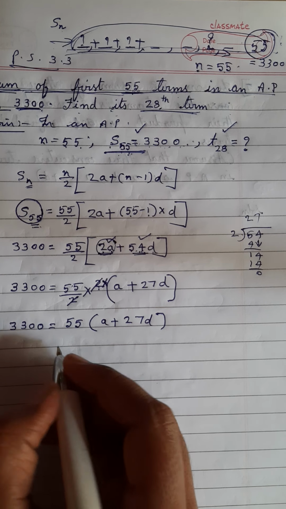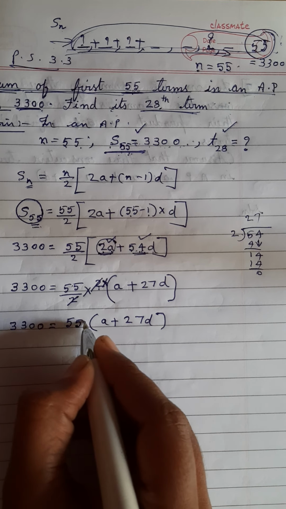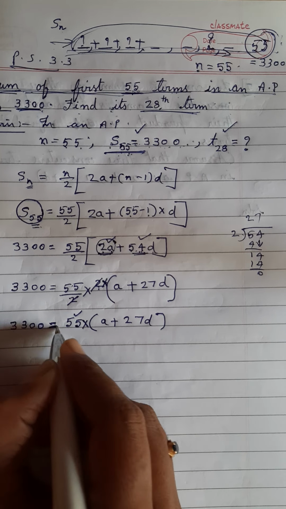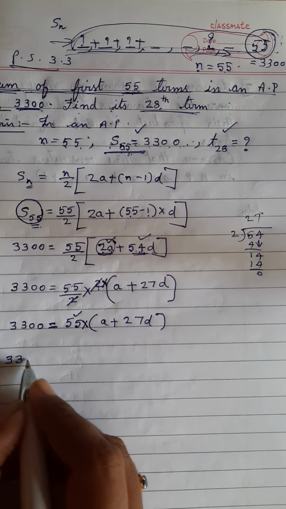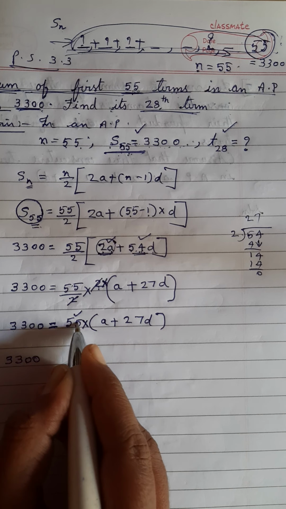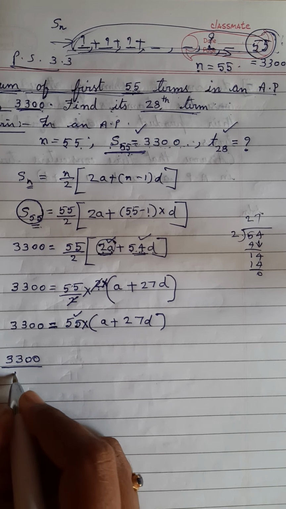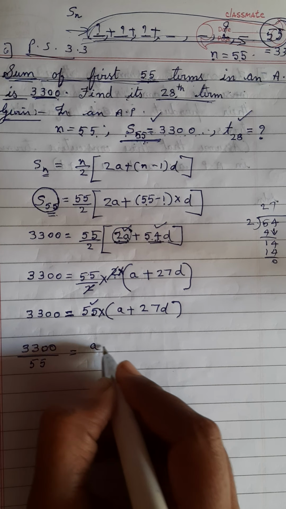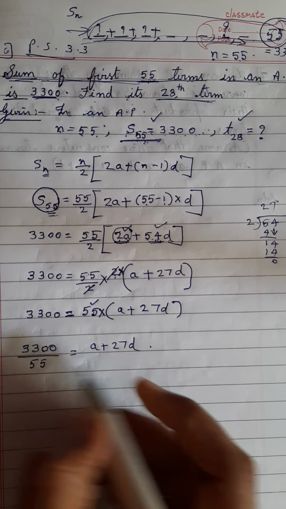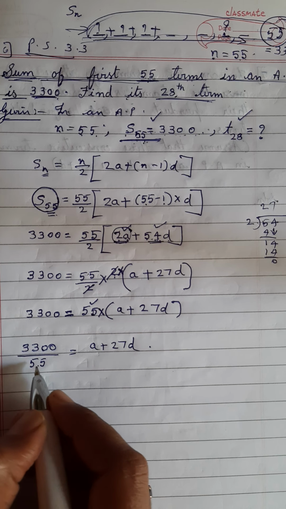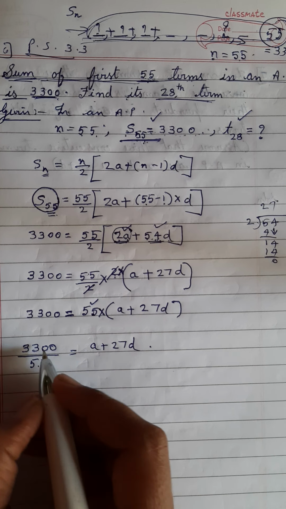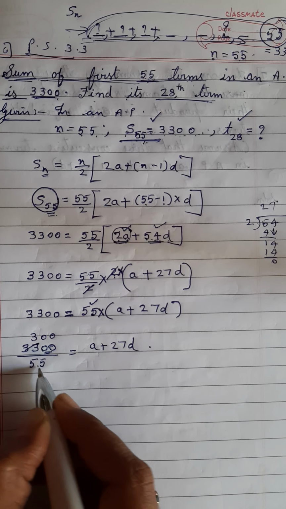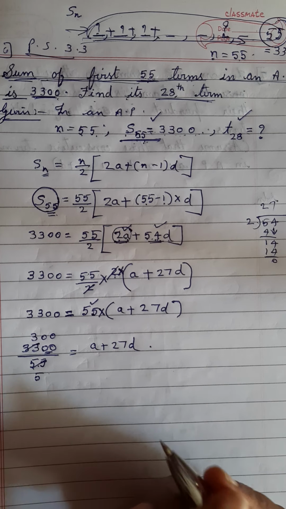Next, 55 is a multiplication, so we take this 55 to the left side of the equal sign. 3300 comes as it is, and 55, while moving to this side, comes in the denominator: divide by 55. It remains a plus 27d. 55 and 33 are divisible by 11: 11 3s are 33, 11 5s are 55.